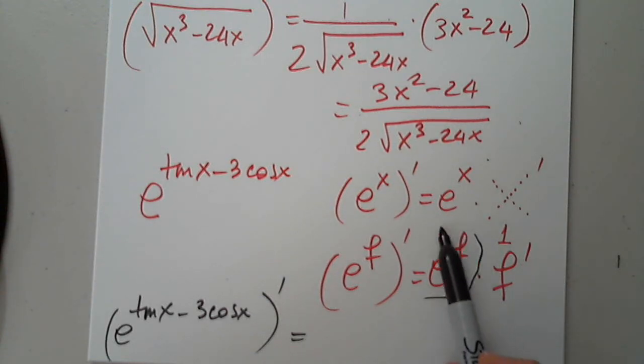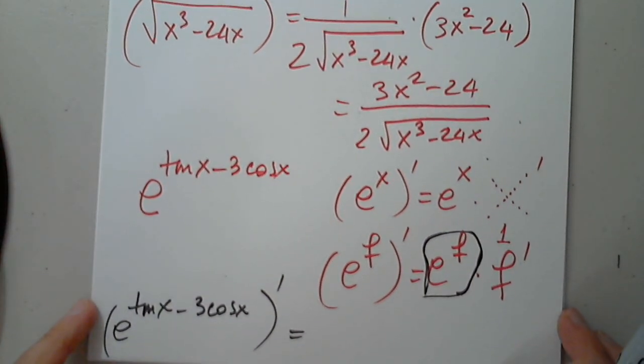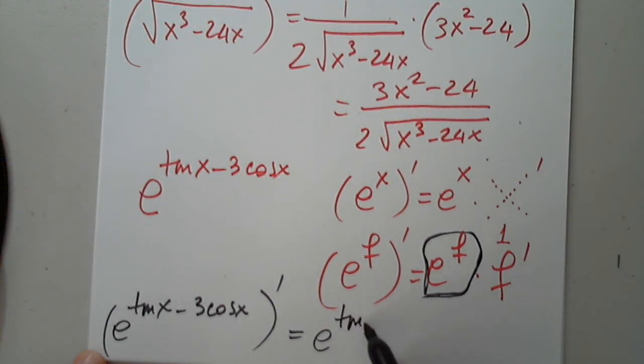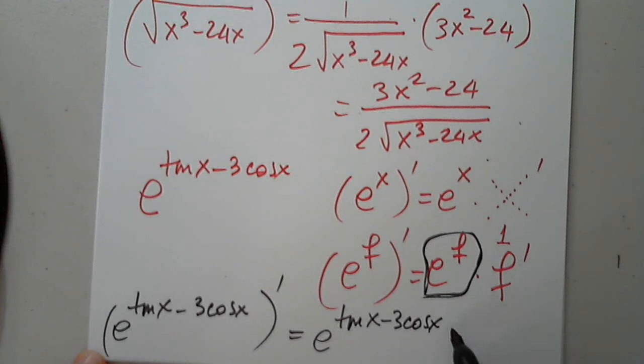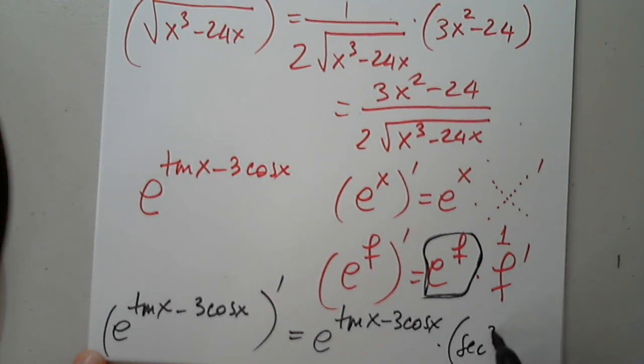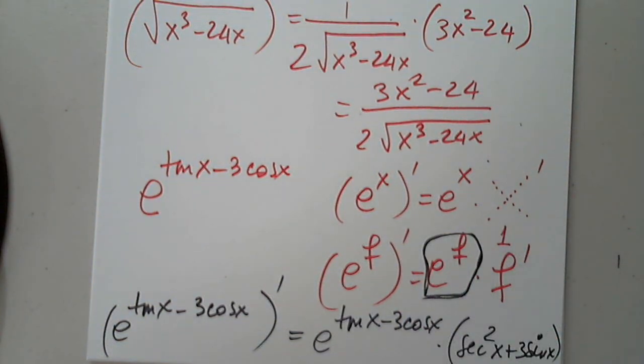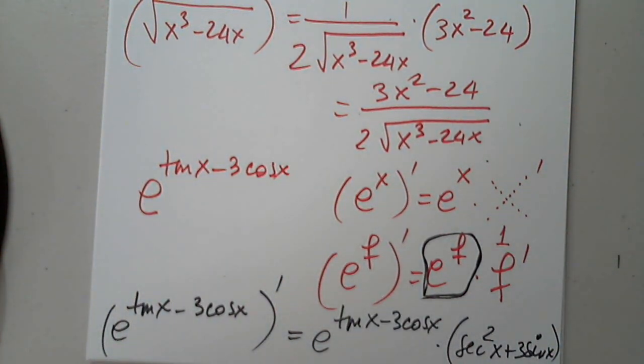What happened to the first part? I'm not saying it's incorrect to start with this. I'm only saying that we cannot forget about this. So I have to write e raised to tangent x minus 3 cosine x times, perfect, secant squared x plus 3 sine x. I agree. But remember, this cannot go away. Now we also have a different notation that I like to show.